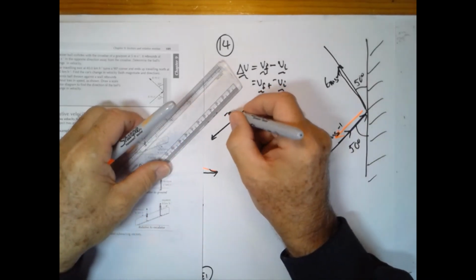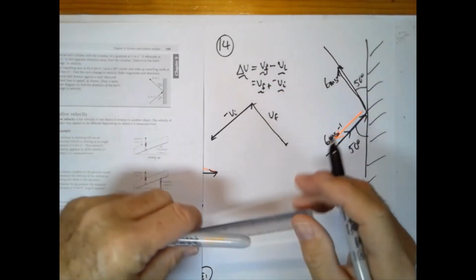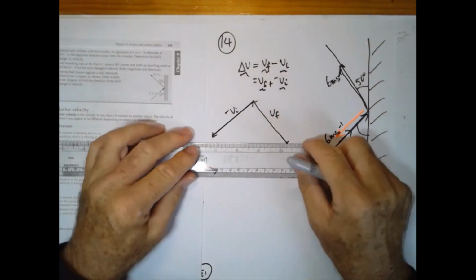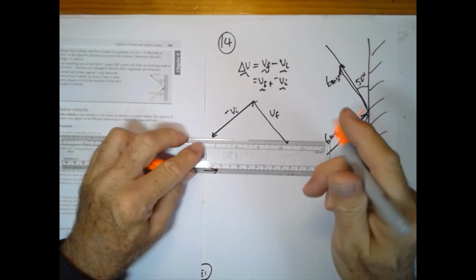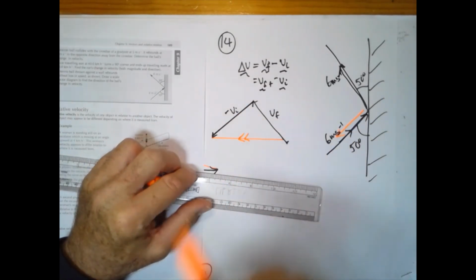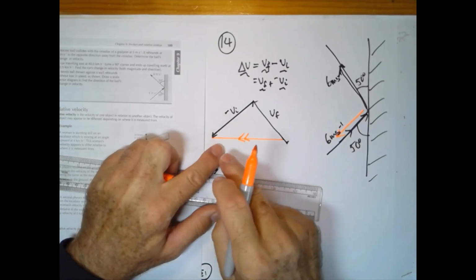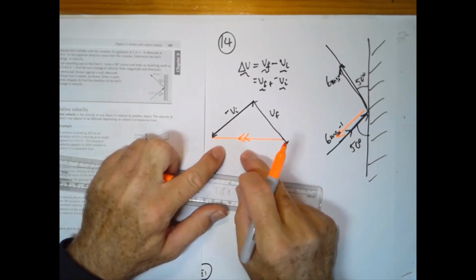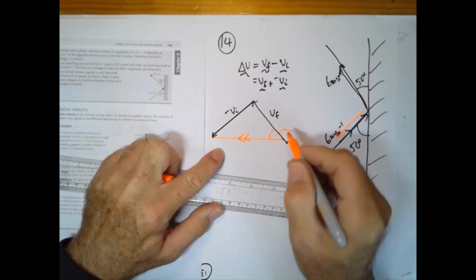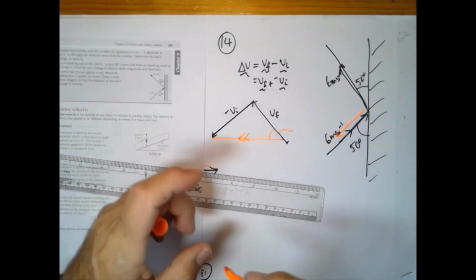Negative of the initial velocity, and so the resultant has got to be this line here, which if we've drawn it correctly, which we have exactly, it'll be in this direction here. So draw a scale vector diagram to find the direction of the ball's change in velocity. That's there, and we can do some simple sums to see what that angle is there.